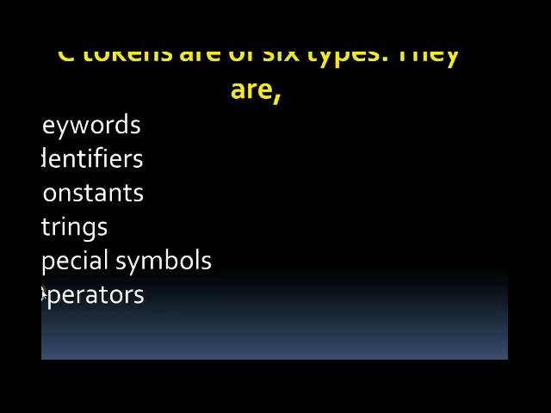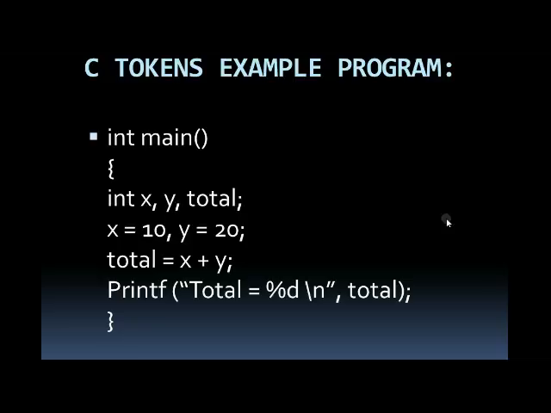Next, let's see the different types of C tokens, that is keywords, identifiers, constants, strings, special symbols and operators. There are 6 types. Let's see an example of these different types. Here this is an example. In this you can see the different types of tokens.